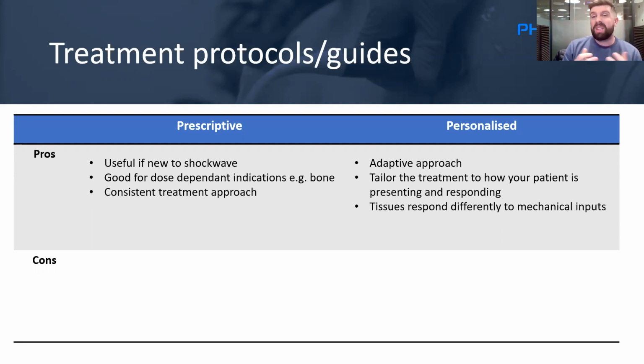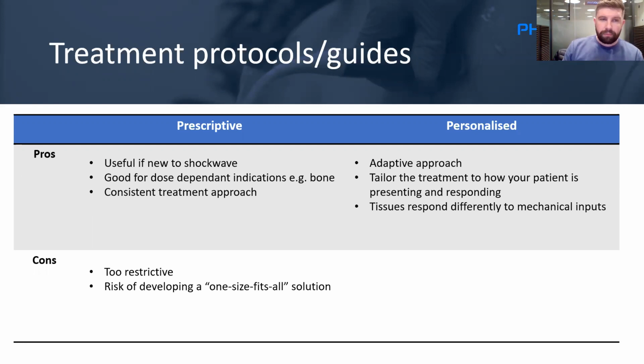It's also important that different tissues, tendon, ligament, bone, do respond differently to mechanical inputs. It is different from person to person, depending on age, gender, and a multitude of other things. So there's an element there. A con to being prescriptive can be that it's too restrictive. I think there's a risk of developing a one-size-fits-all solution.